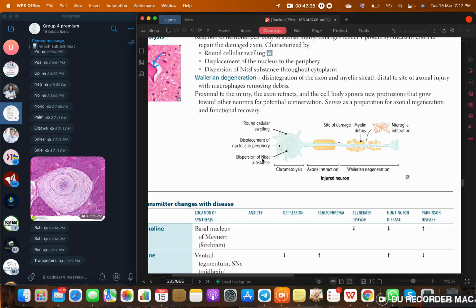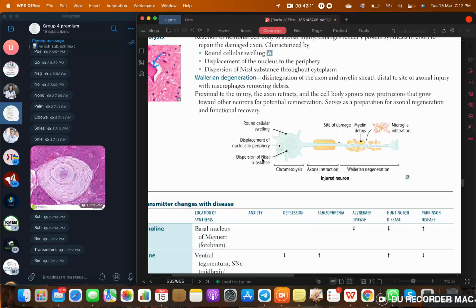The Nissl substance, if you remember, was used to make the neurotransmitter, and it was basically the rough endoplasmic reticulum, right? Okay. So the next thing, let's see. They write displacement of the nucleus to the periphery, dispersion of the Nissl substance throughout the cytoplasm. As you can see here, it's all over the place, it's dispersed.